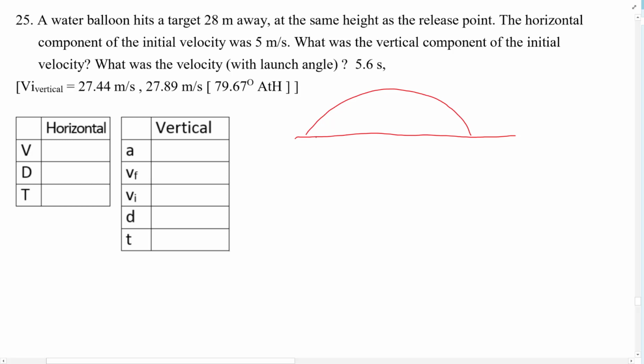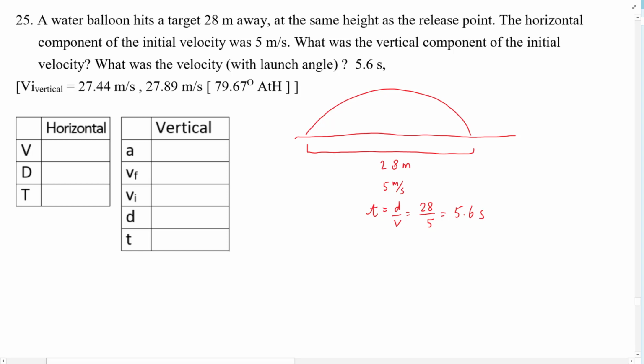Okay, so we're given the range of 28 meters, and the velocity that it was going this way was 5 meters per second. So the time it took to get there would be distance over velocity. That's going to be 28 over 5, which is about 5.6 seconds.